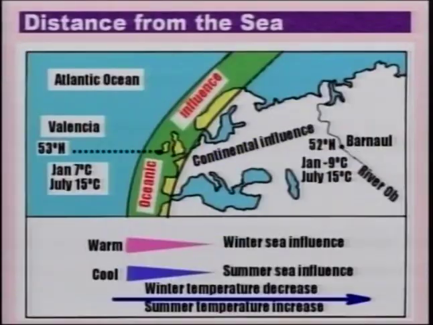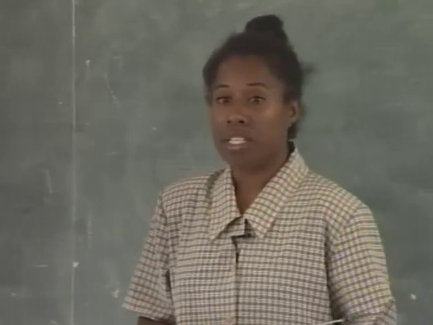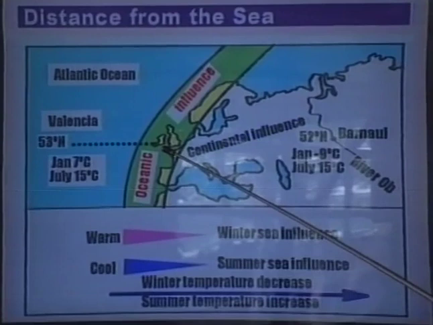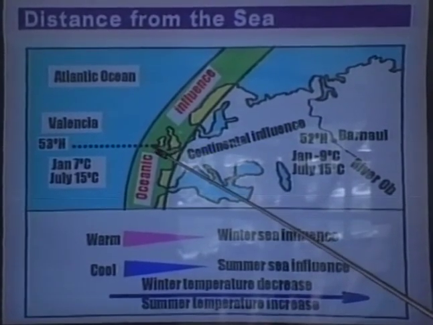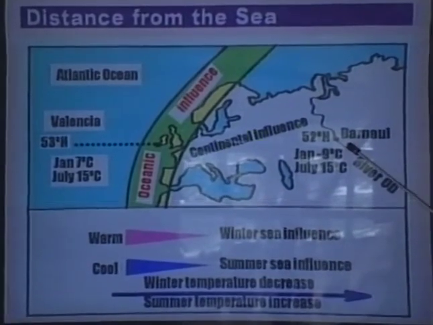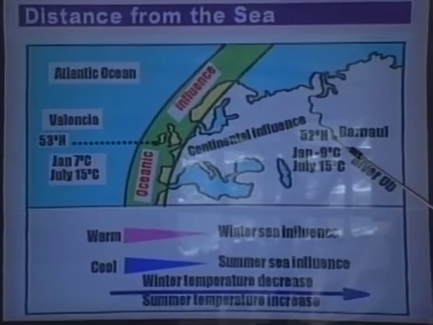We looked at perhaps an example, and I only mentioned about 53 degrees north latitude, a place closer to the sea, which is affected by the sea. Therefore, it is said to have maritime influence, and those areas which are affected as a result of being further inland tend to have continental influence.